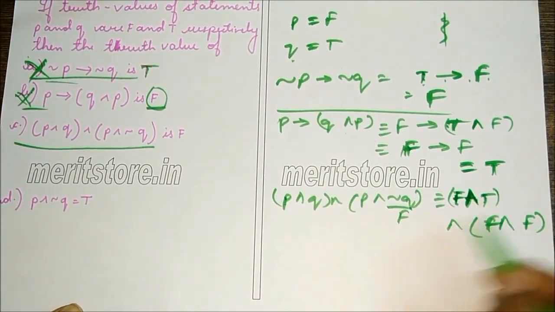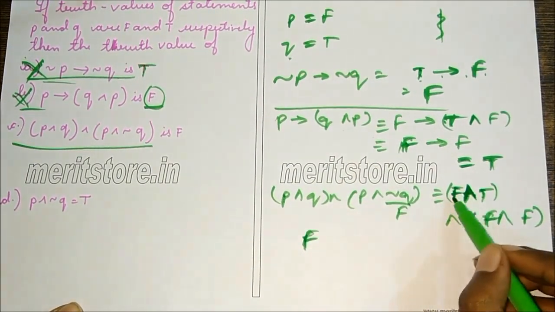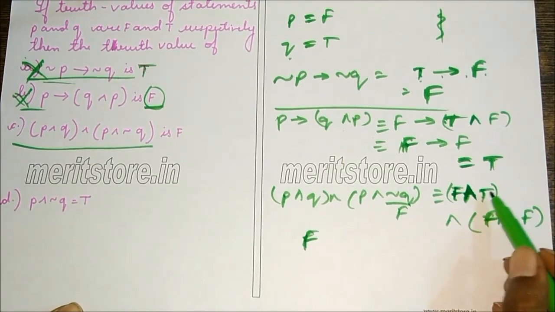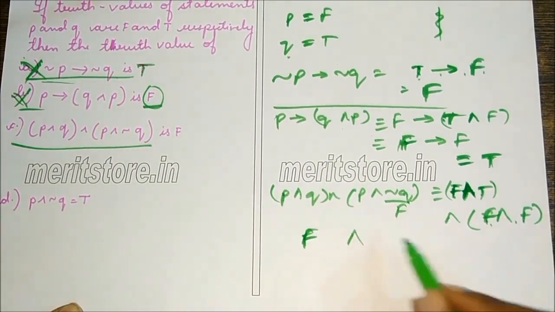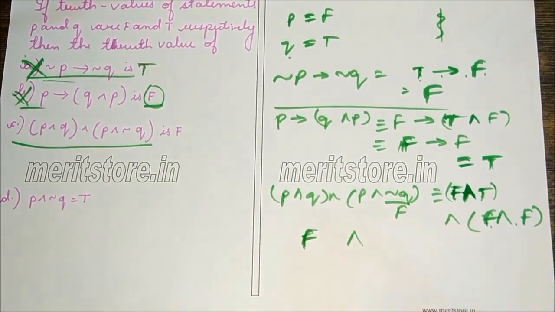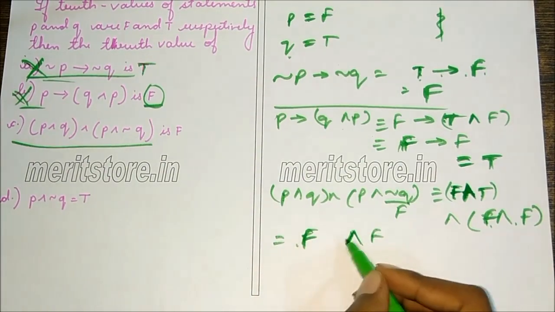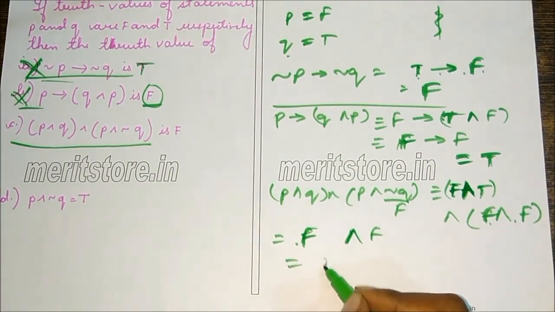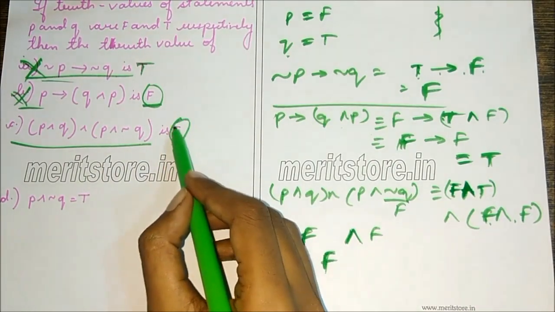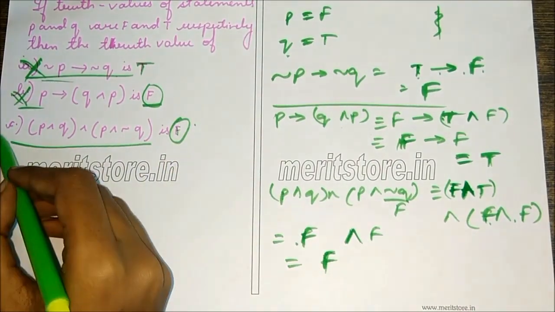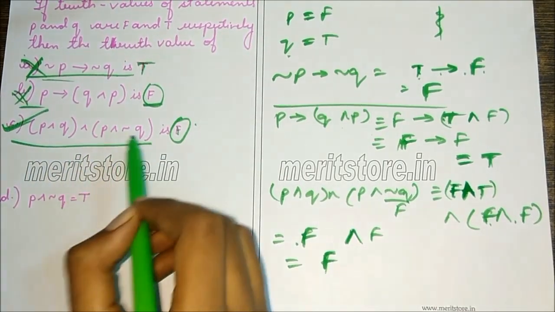So false and true is false. Since true and true is true, false and true is false, and false and false is also false. So this turns out to be F and F, which is the same as F. So this is false, and in the option it is given the value is false. So C statement is right. So the answer is C, P and Q, and P and negation Q.